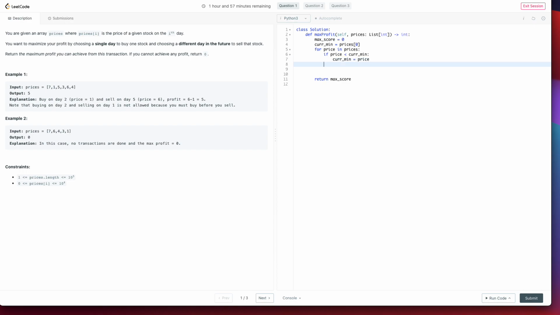And then if price is greater than or equal to current min, then max score is max score if price minus current min is less than max score, else, yeah, so this is the equivalent of like the 5 minus 1.